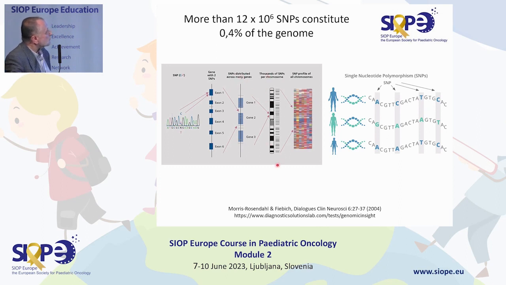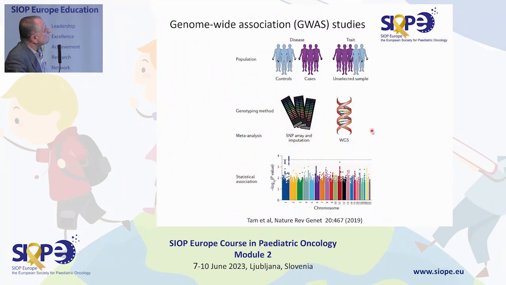And there are thousands of SNPs per chromosome, and you can get SNP profiles. And if you do whole genome sequencing or arrays for SNP arrays, then you can determine the different patterns of the SNPs.